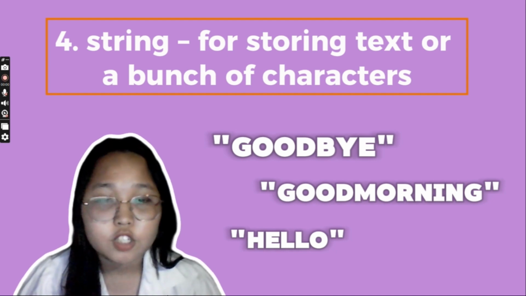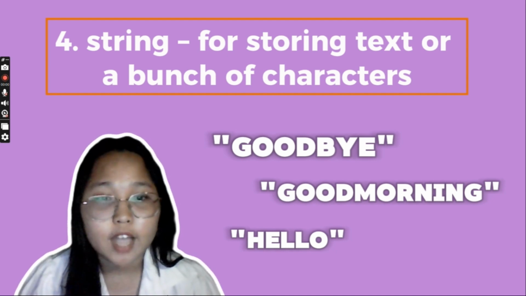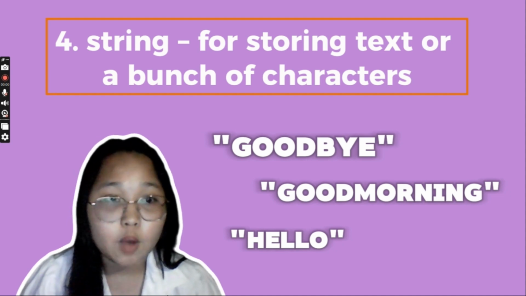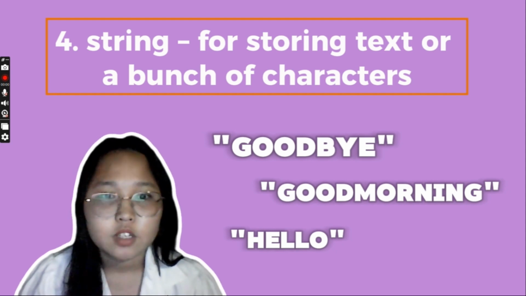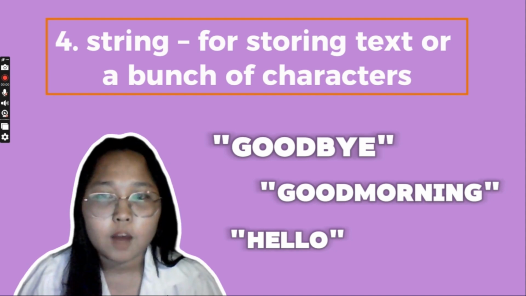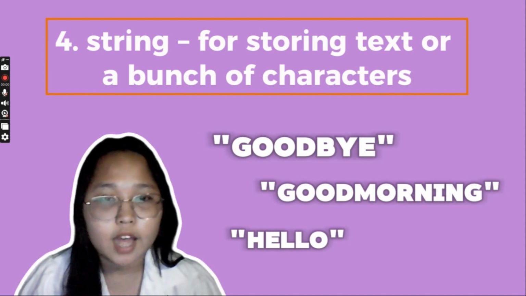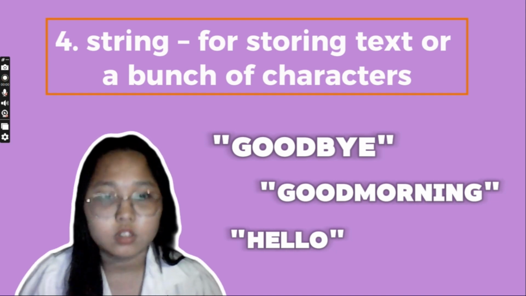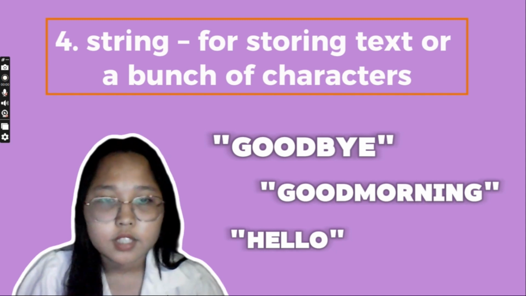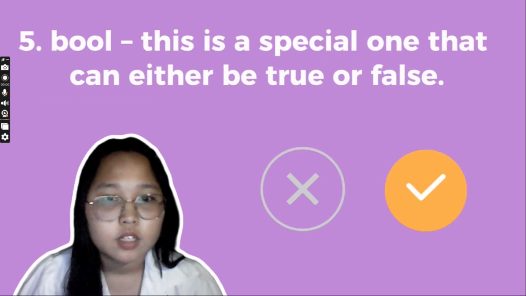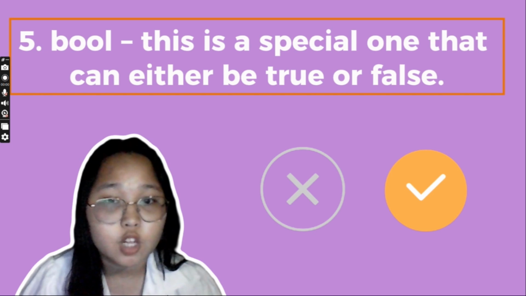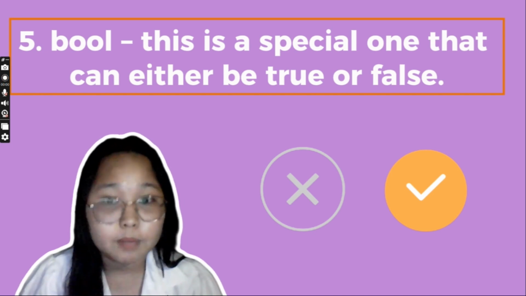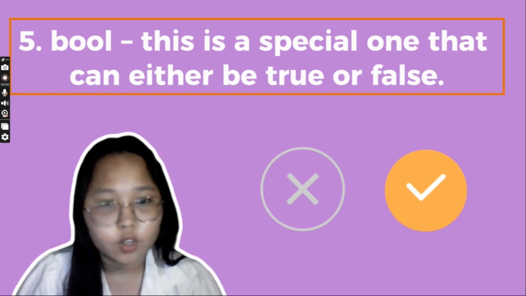String stores words. So, remember, a string is also placed in quotes, but double quotes. Next is bool. Bool is a special one that can either be true or false.